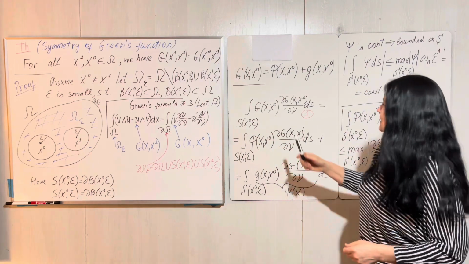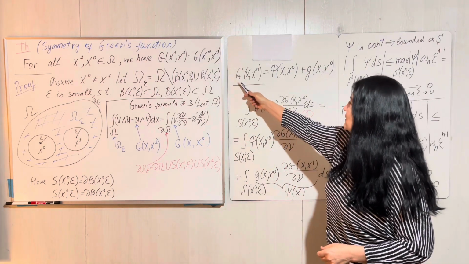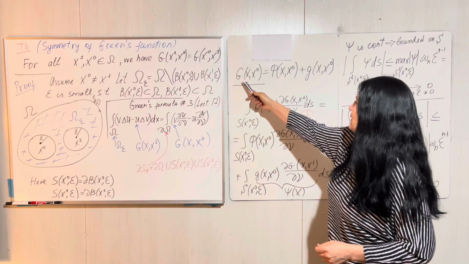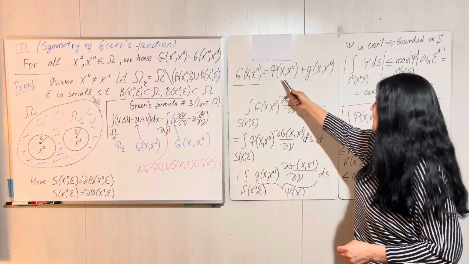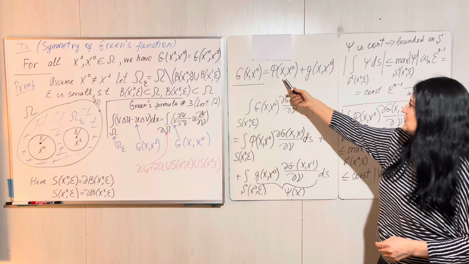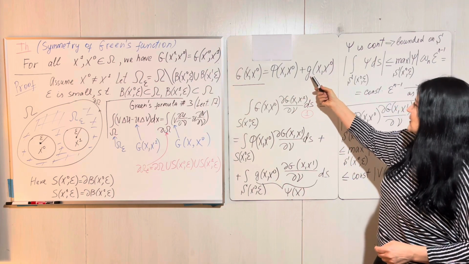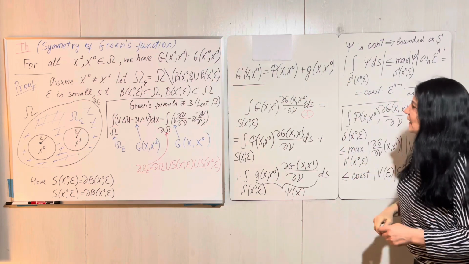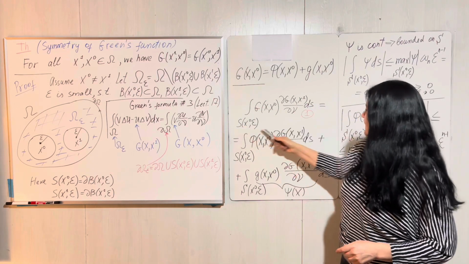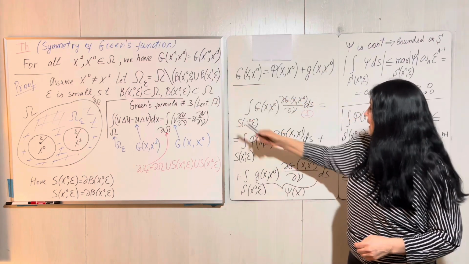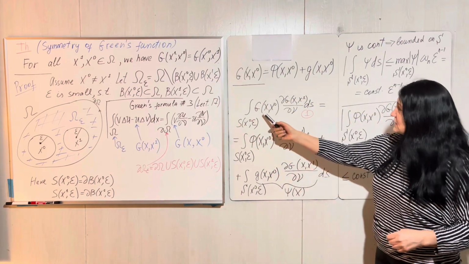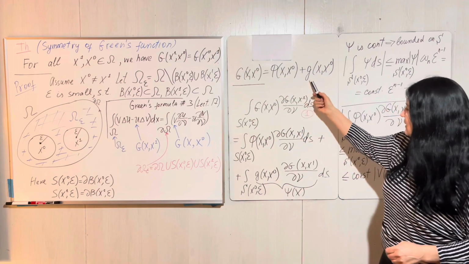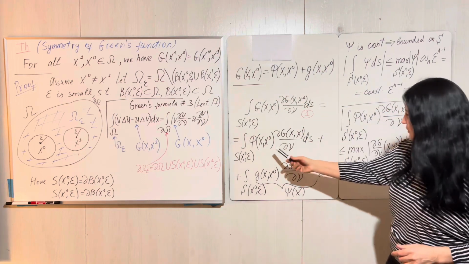Let me remind you that our Green function g(x, x0) is the sum of the fundamental solution phi(x, x0) plus little g. Then we start with integral number 1 and replace g with phi and little g, so we will have two integrals.